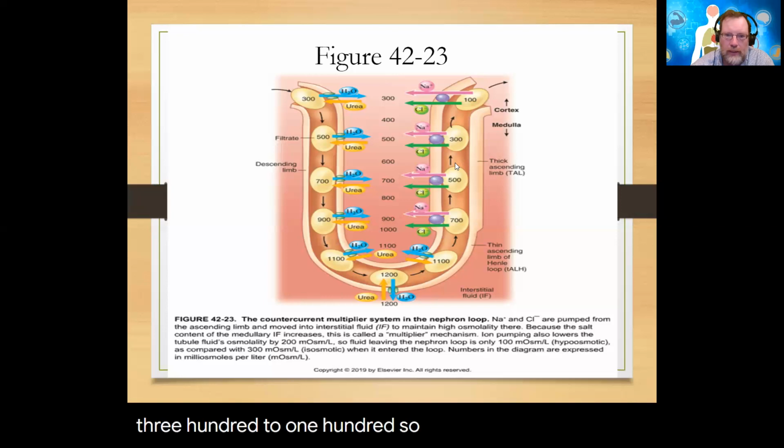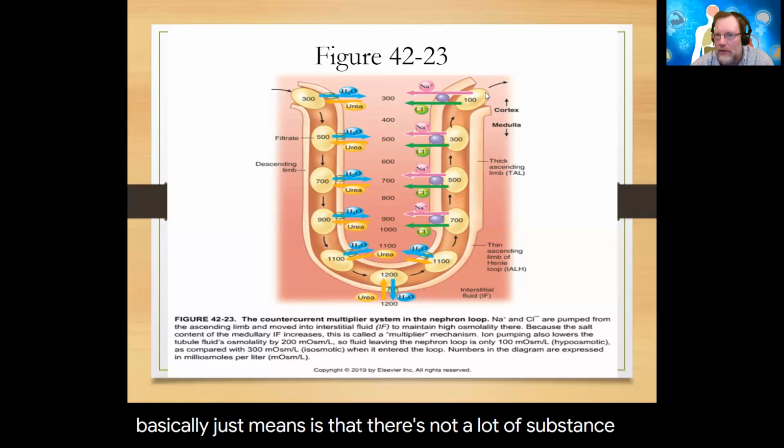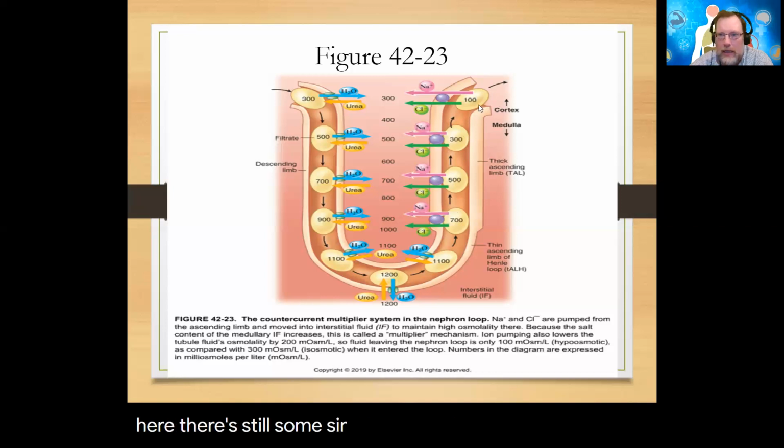So any fluid that's leaving this loop and going now into the distal convoluted tubule is going to be considered hypoosmotic, which basically just means that there's not a lot of substance in here. There's still some, certainly, but not a lot. So we're not going to get a bunch of water rushing in here to dilute this area. So it's hypoosmotic. That just means we've pulled a lot of stuff out of here.